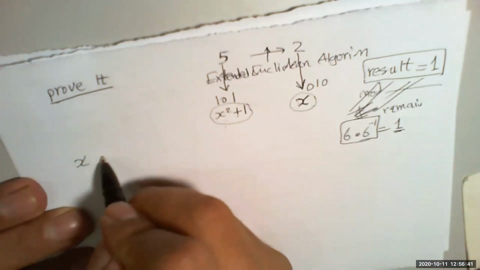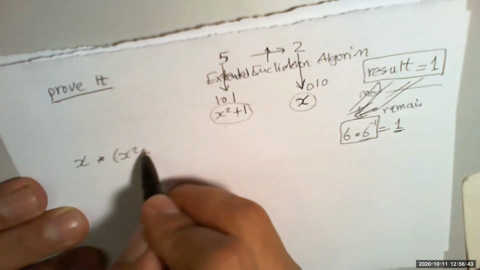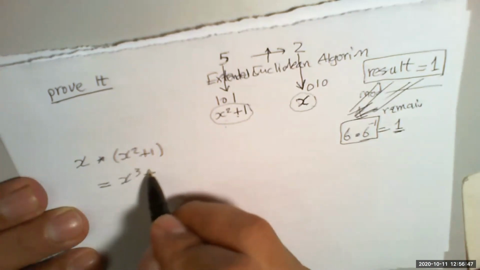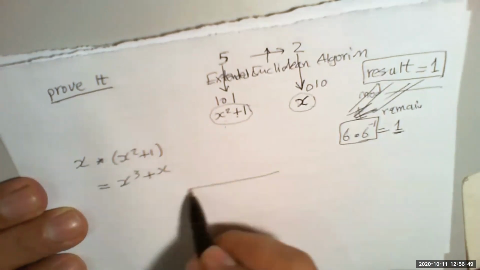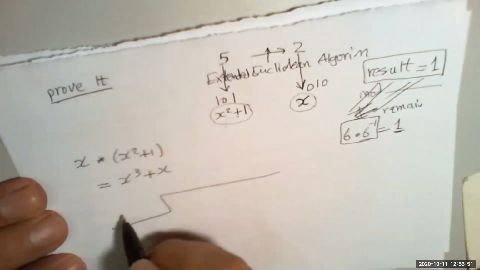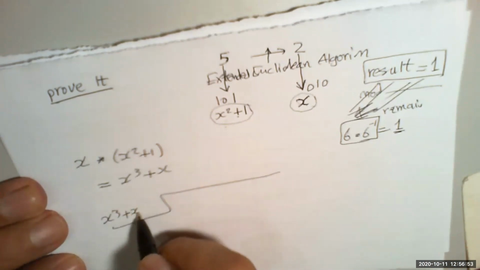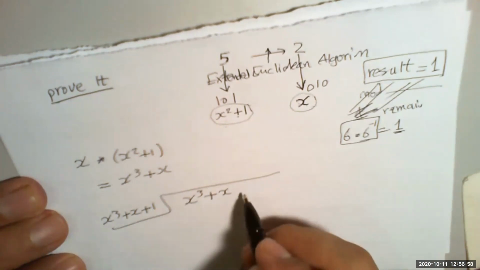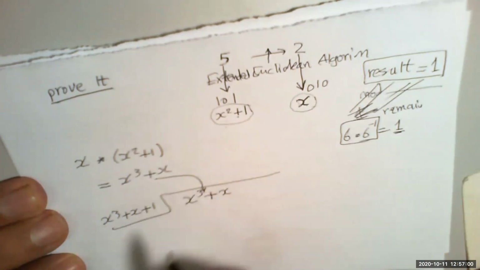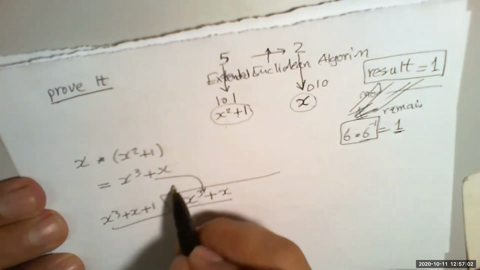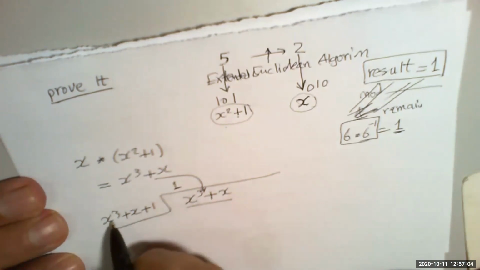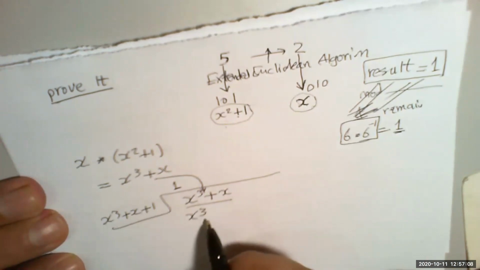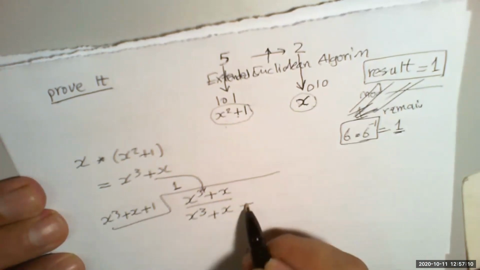So x multiplied by x squared plus 1 is x cubed plus x. Now long division by the irreducible polynomial, which is x cubed plus x plus 1. I divide x cubed plus x by that. I take 1 and multiply 1 by x cubed plus x plus 1.